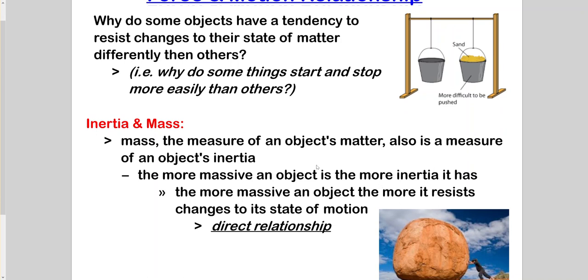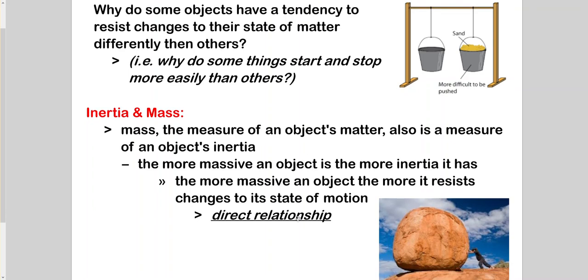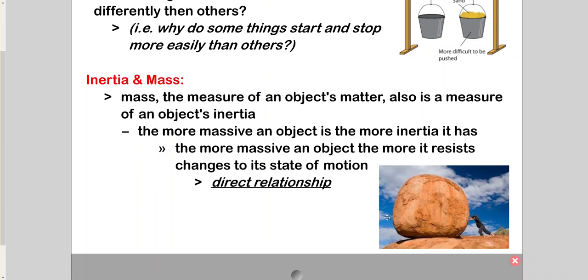That makes sense if you think about it, because force, acceleration, and mass are all related. We saw in the last focus question that the more mass, the more force it takes to cause that object to accelerate. So the more massive an object, the more it resists changes to its state of motion, so that's a direct relationship. This is a very massive object, so it has a lot of inertia.